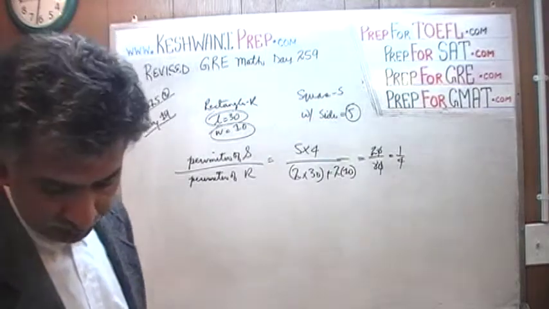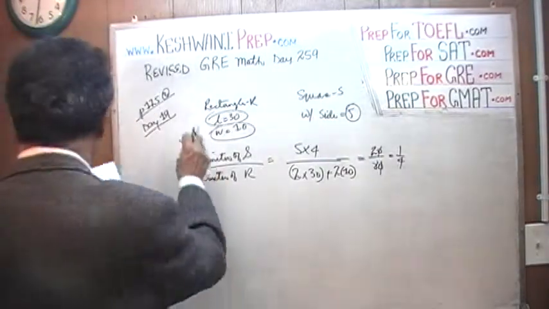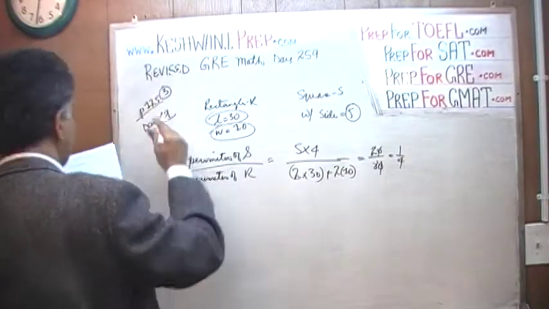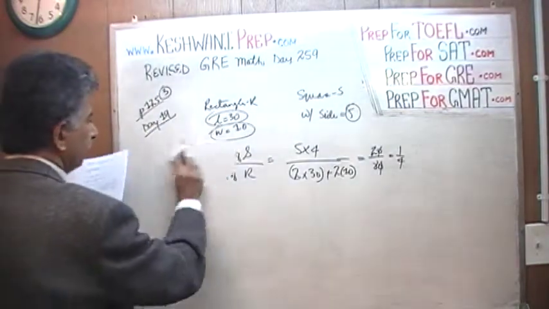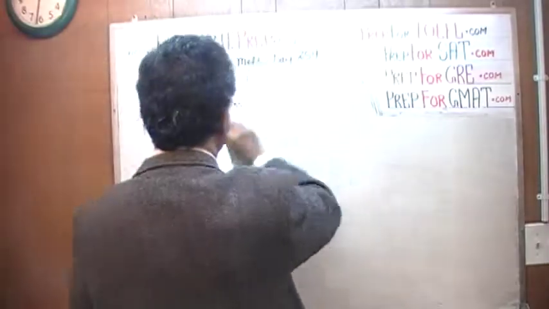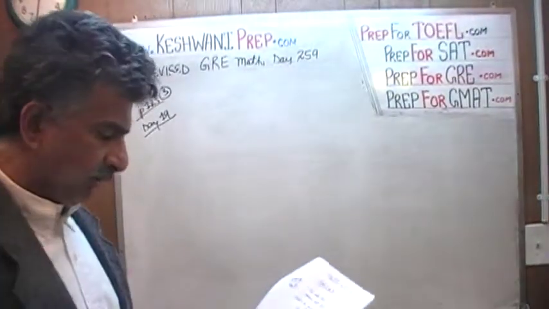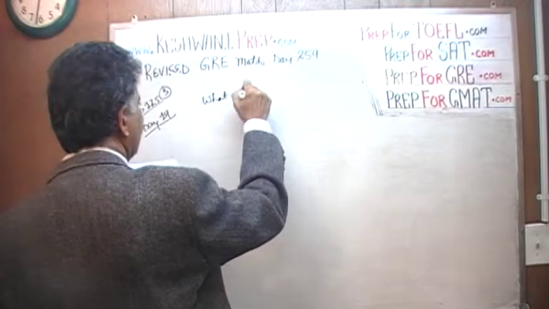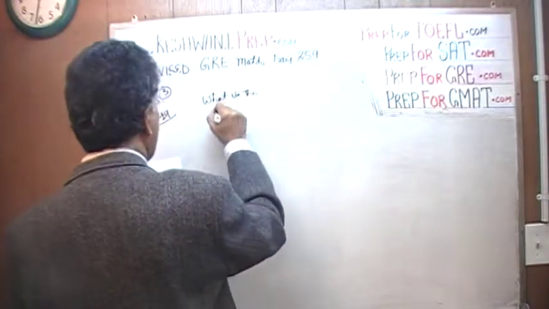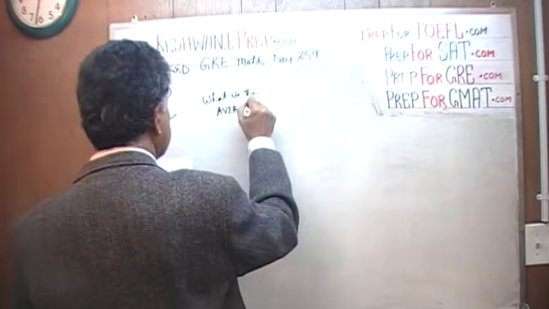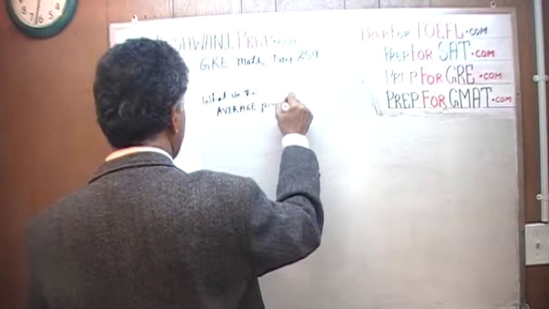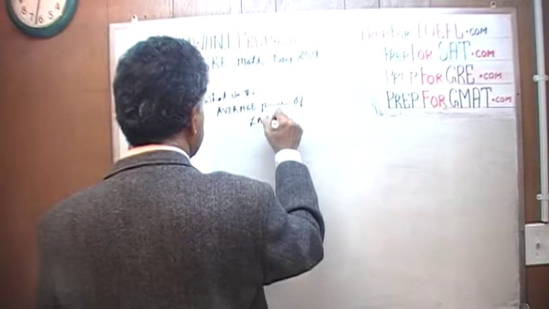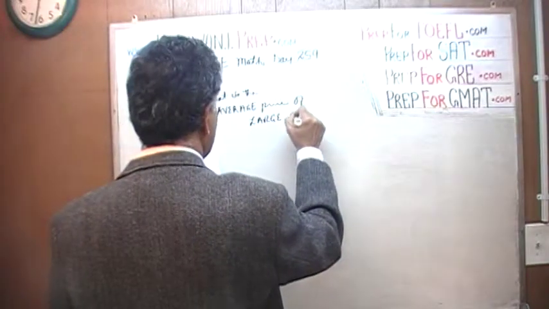Let's do the next one on the same page. Number 3, which we did on the same day, day number 19. They're asking us, what is the average price of the large car?